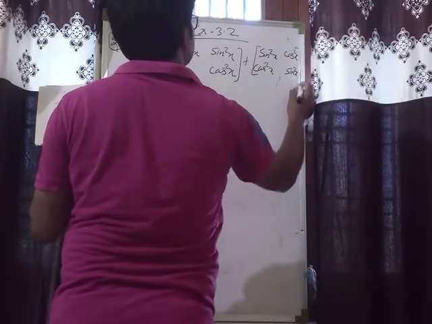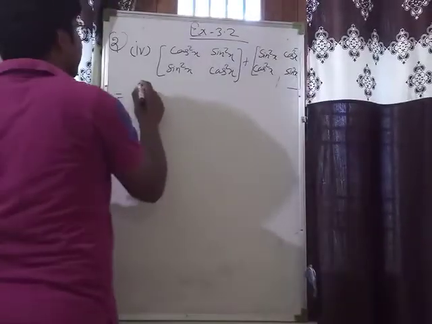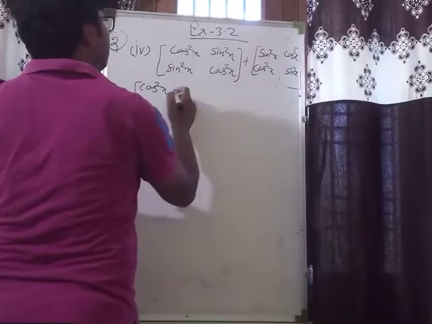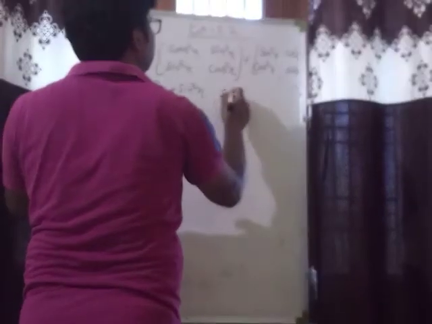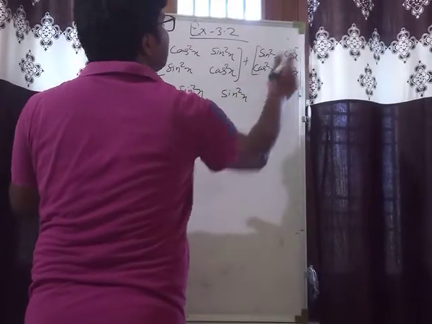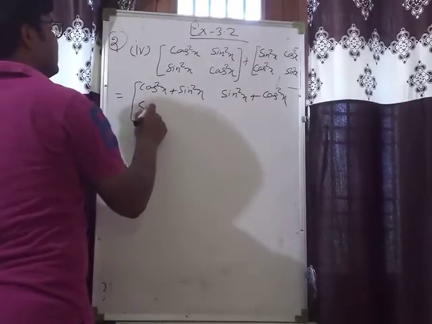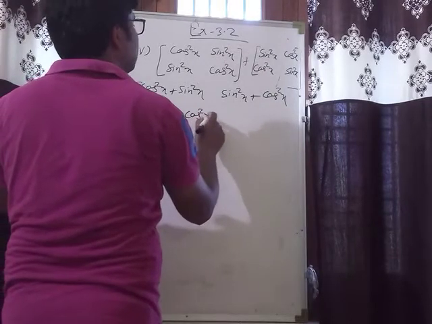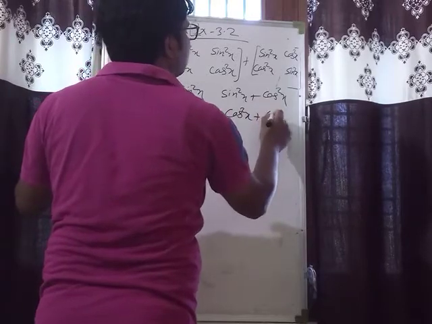Very easy. When we add these two, what will become? Corresponding entries will be added to each other. That will be cos square x plus sin square x, here sin square x plus cos square x, here sin square x plus cos square x, here cos square x plus sin square x.